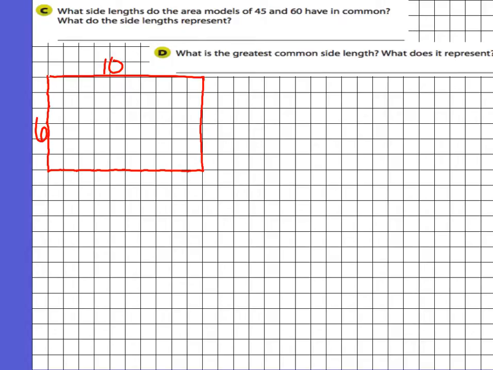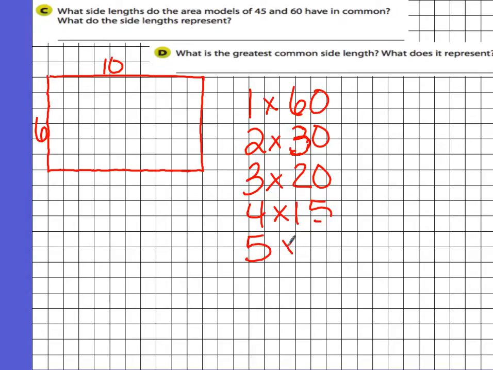So in this case, I had 1 by 60. I had 2 by 30. Now the X here represents the word by, so these are dimensions. 3 by 20. 4 by 15. 5 by 12. 6 by 10.